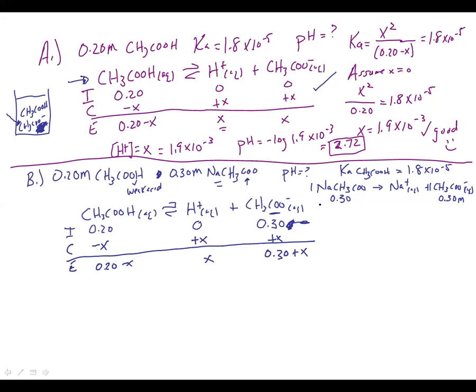So we're going to go into our Ka expression. That's going to give us x times 0.3 plus x divided by 0.2 minus x equals 1.8 times 10 to the minus 5. We'll go with my nice assumption there. X is equal to 0.